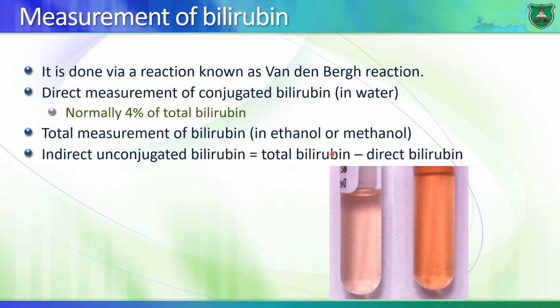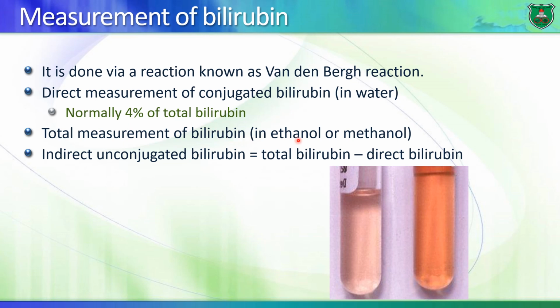Now the thing is, if it is done in water, then it allows for the measurement of conjugated bilirubin, the hydrophilic bilirubin, and this is known as the direct bilirubin, and it constitutes only 4% of total bilirubin.